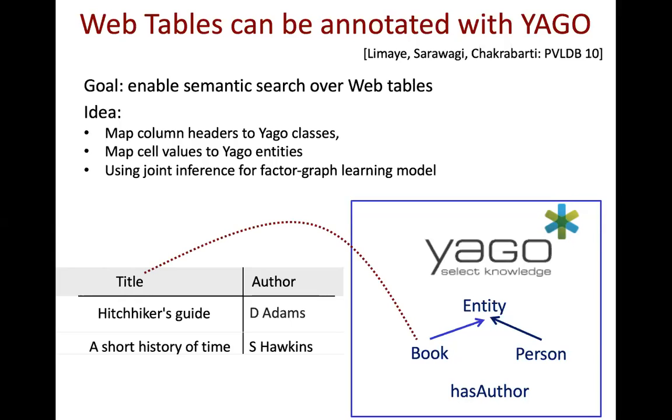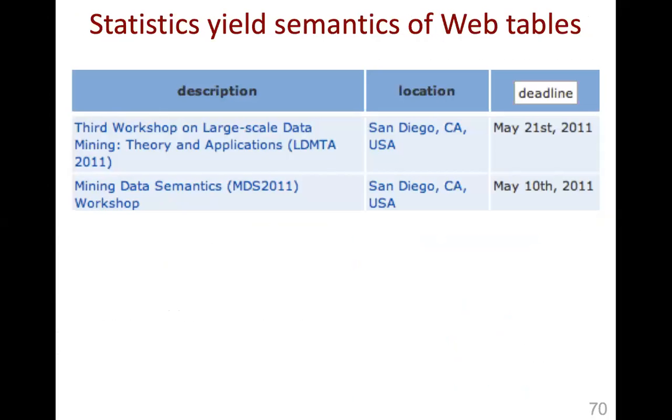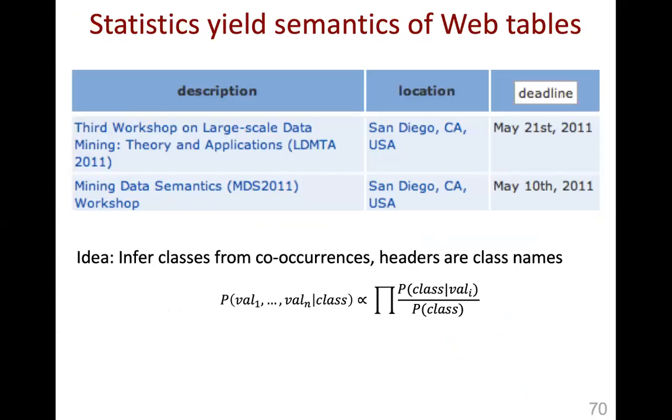So book has a title, author is a person, correct? And therefore we can create a relationship, has author, based on this information from the web table, because YAGO has the relationship between book and person, and that's because they are both entities. So this is how it works.